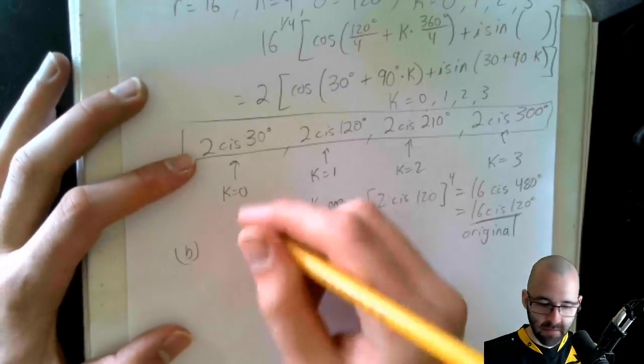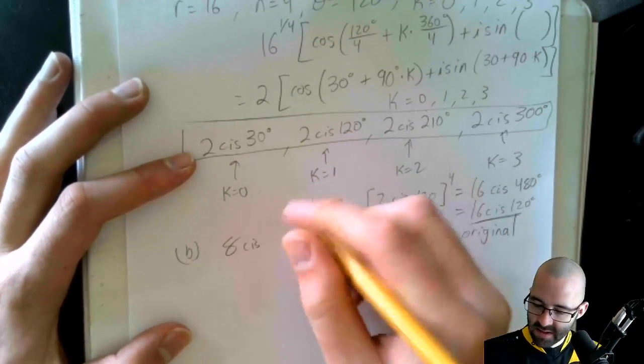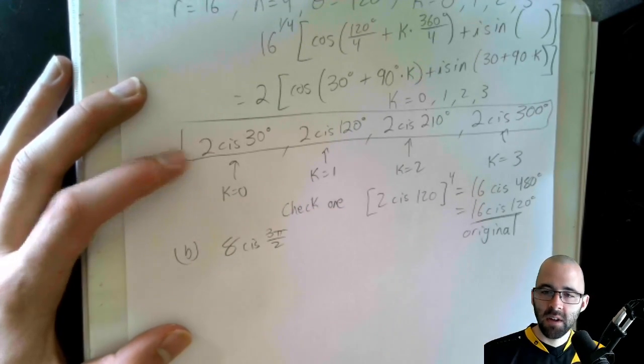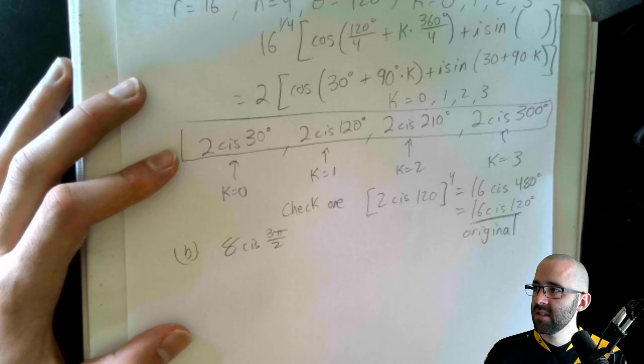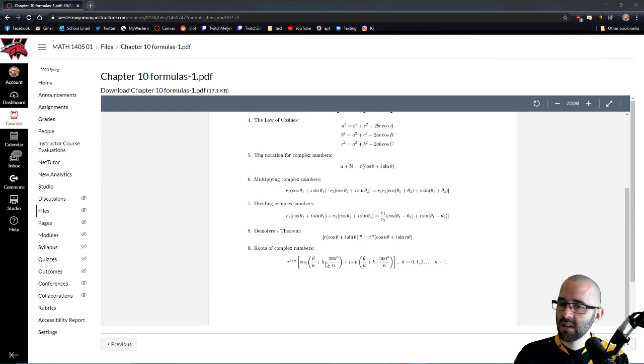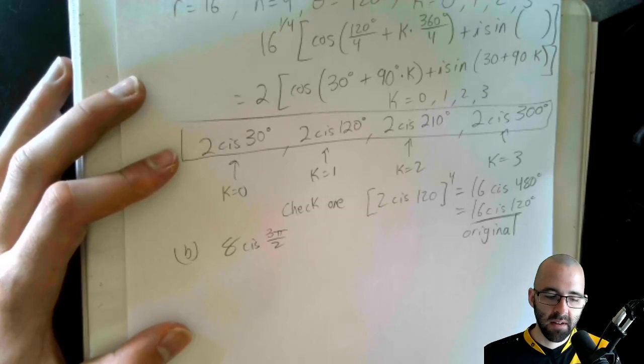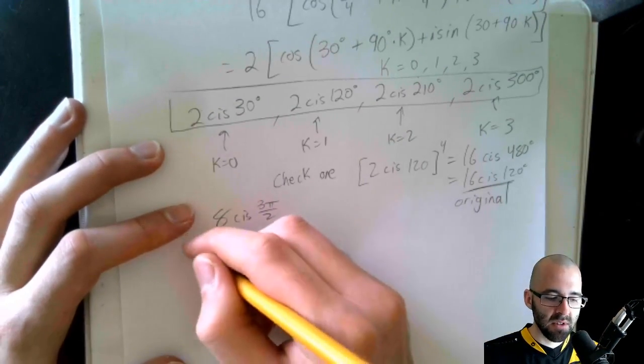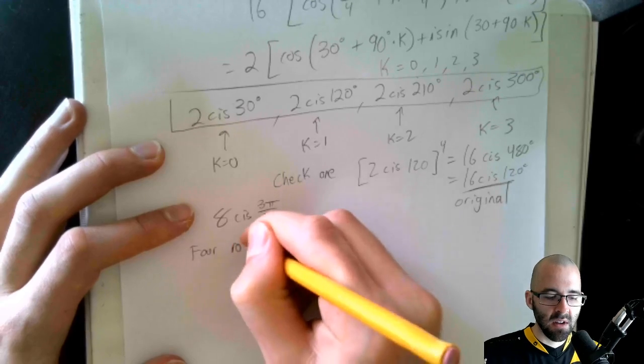Part B. 8 cis 3 pi over 2. So the formula, right, this is in radians. The formula is in degrees. You can just convert this to radians, right? 360 degrees is just 2 pi. So all the fourth roots, right?